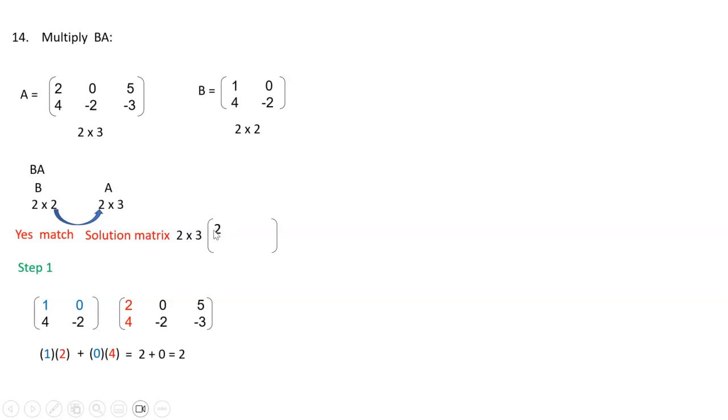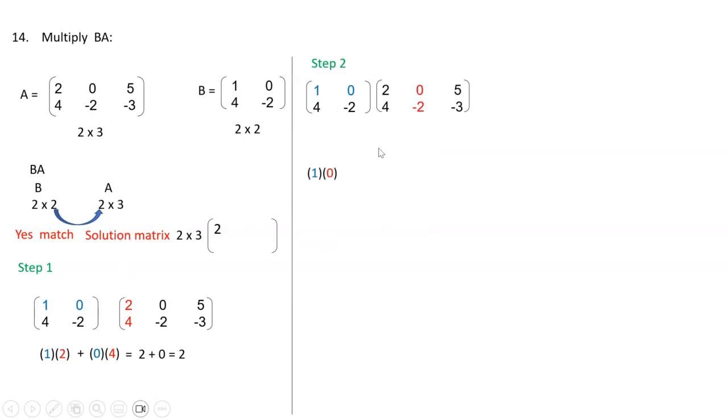So the 2 goes on the first row, first column. Now step 2. I'll repeat the process, but instead of the first column, I'm going to multiply by the second column. So it's 1 times 0 plus 0 times negative 2. That gives us 0 plus 0. The answer is 0. So the 0 goes on the first row, second column.